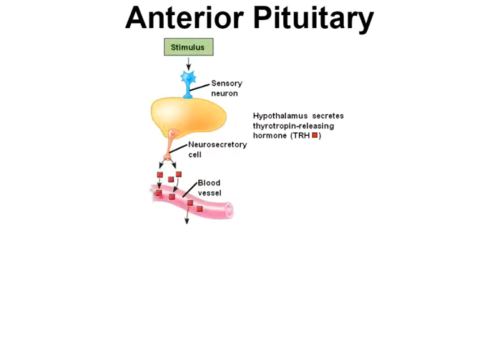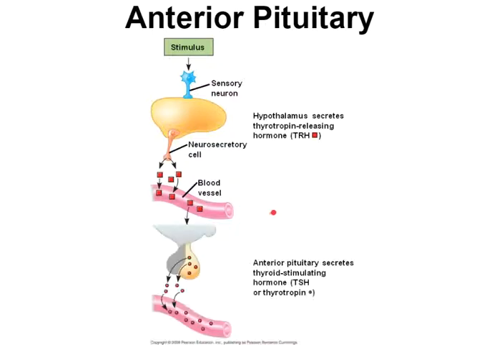That's going to travel through the blood, through the portal vein, to the anterior pituitary, and then the anterior pituitary is going to release another hormone, which is going to travel in the blood to its target. So in the example here, thyrotropin releasing hormone goes to the anterior pituitary, secretes thyroid stimulating hormone, which is then going to travel to the thyroid and cause it to release the thyroid hormones.